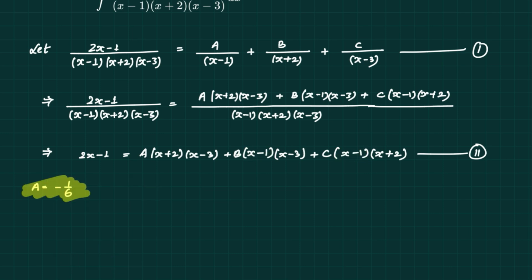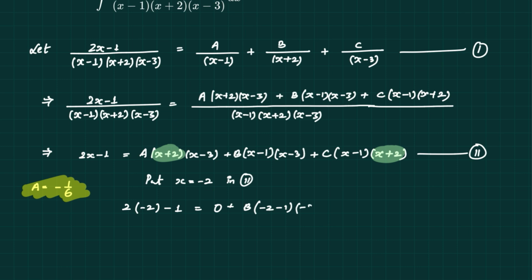Next we put the value of x as minus 2. On doing so, the first term and the last term will be 0. So put x equals to minus 2 in equation 2, then we will have 2 into minus 2 minus 1 equals, the first term will be 0 because minus 2 plus 2 will be 0, plus the second term, that is b into (minus 2 minus 1) into (minus 2 minus 3), plus the third term will also be 0.